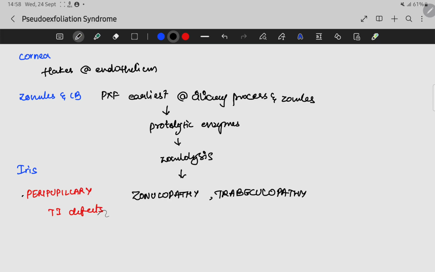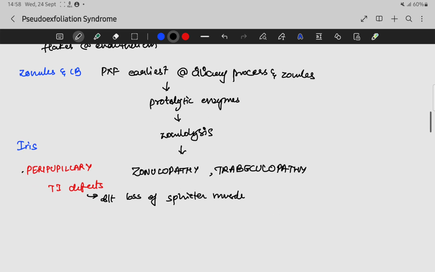This is due to loss of sphincter muscles, and due to this there is improper dilatation of the pupil, and there is loss of pigment near the pupillary ruff which causes moth-eaten appearance.